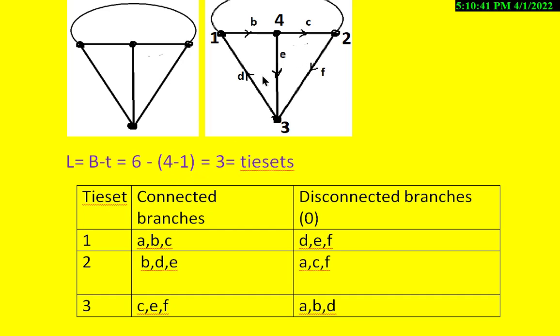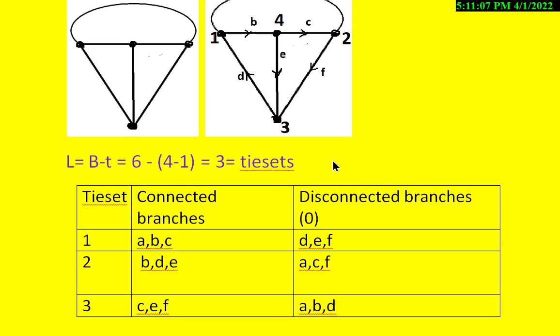Twigs are nothing but the total number of nodes minus 1. The number of nodes here is 4, so 4 minus 1 gives the twigs, represented by small t, whereas the total branches are 6. This is 1, 2, 3, 4, 5, 6. So this many Tiesets we get here.